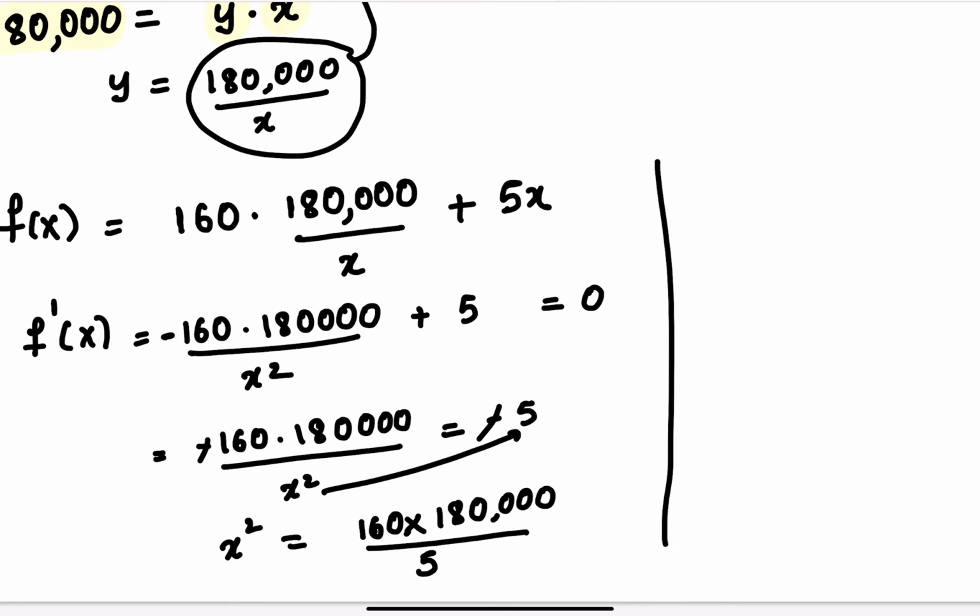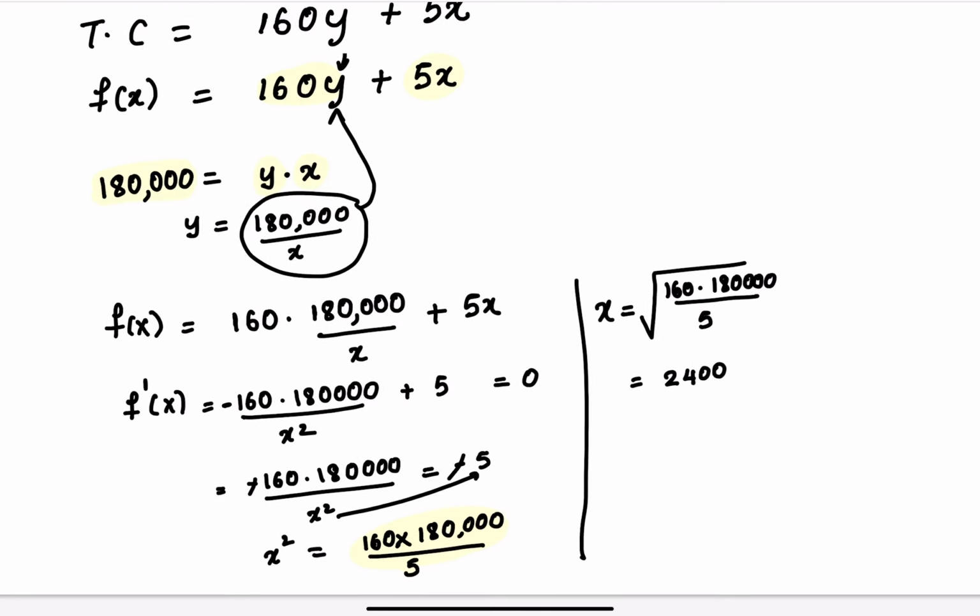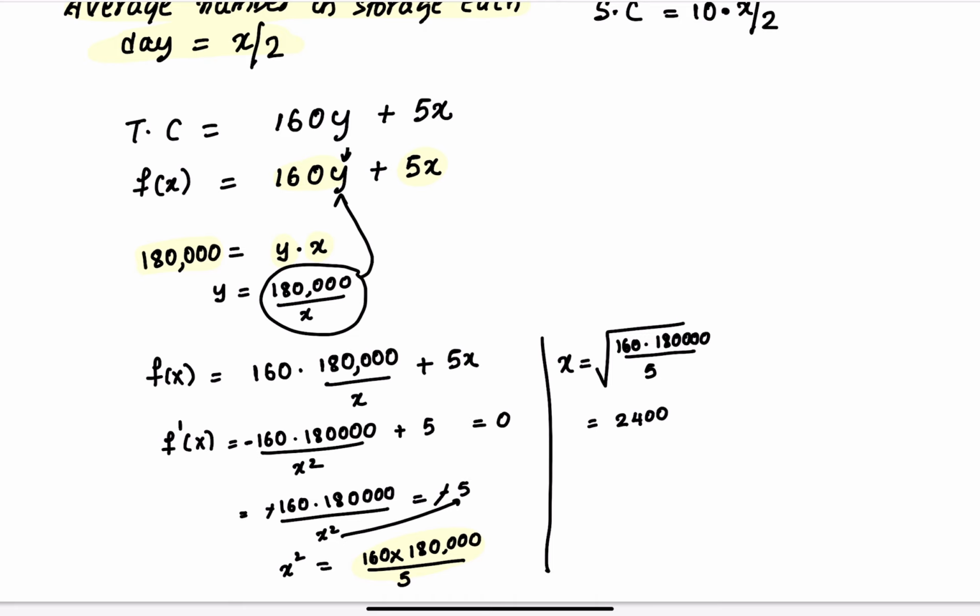You simply find the square root of this whole thing. I don't know what that is off the top of my head. 160 times 180,000 divided by 5, and then the square root, I get 2,400. So the number of boxes that I produce per production run is 2,400.